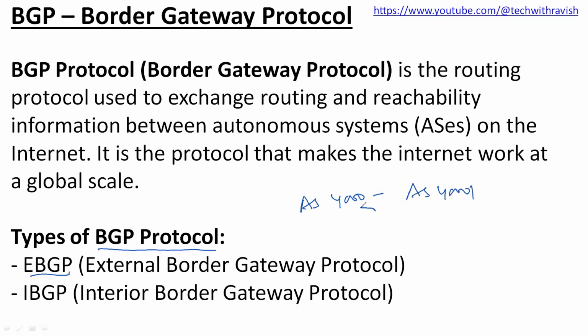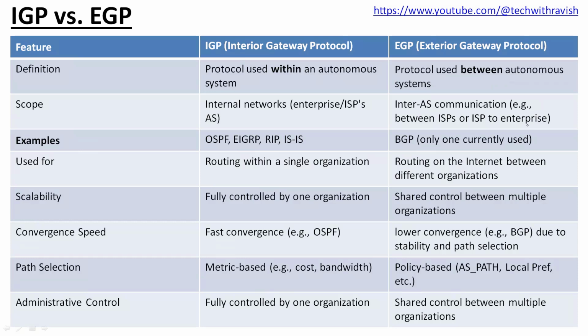It is used to exchange routing information between different AS numbers. If I talk about iBGP, it is used to share routing information within the same autonomous system number.